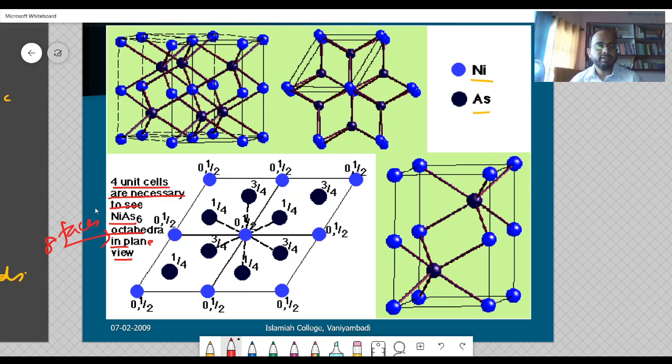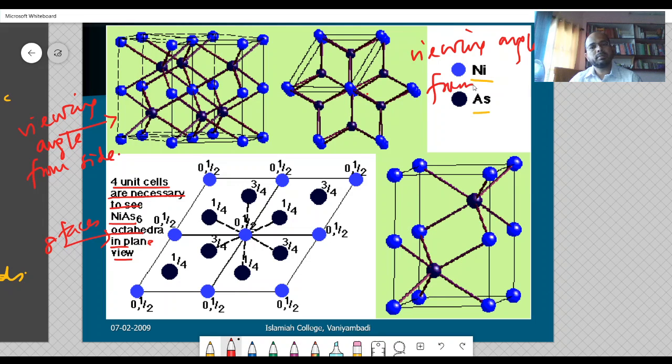This pattern is a viewing angle from the side. This pattern is a viewing angle from the top, and this is what is being discussed here.